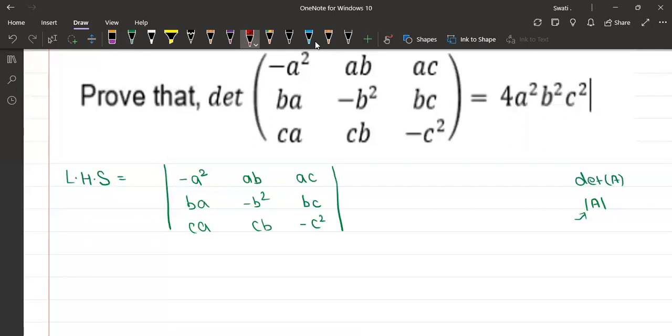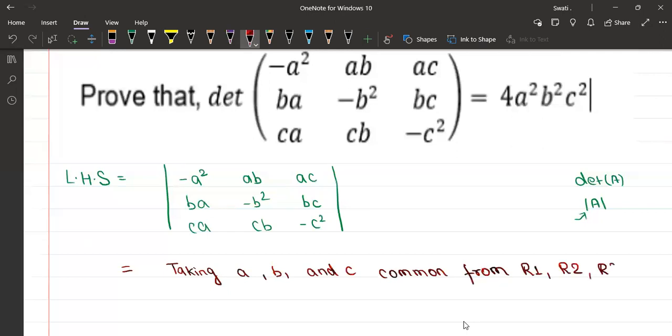Now we are going to simplify this because we have to bring 4a square b square c square. The very first thing I'm going to do is take the variables a, b, and c common from row 1, row 2, and row 3, that is R1, R2, and R3.